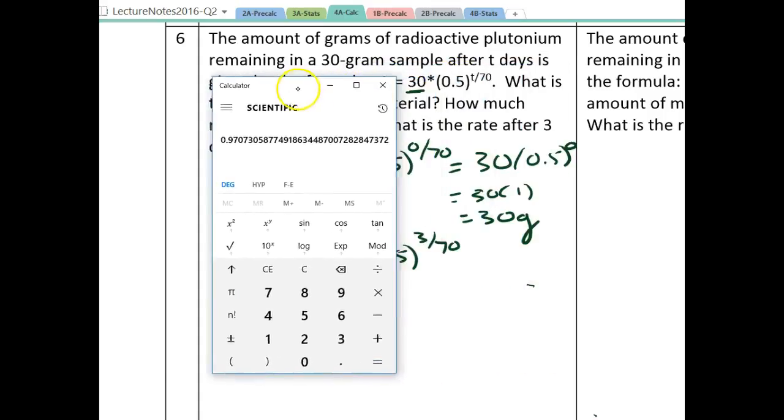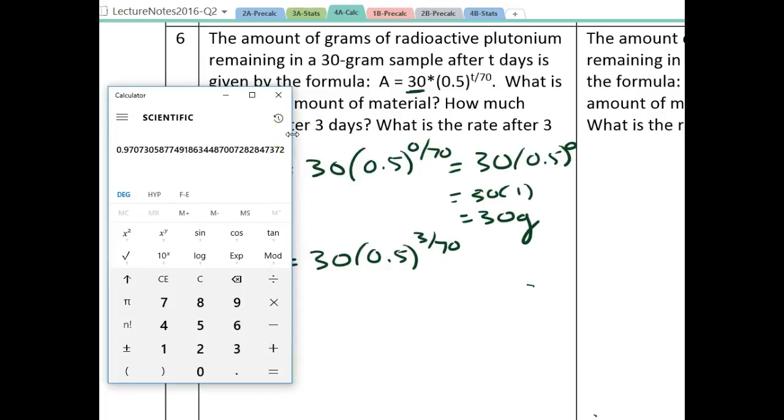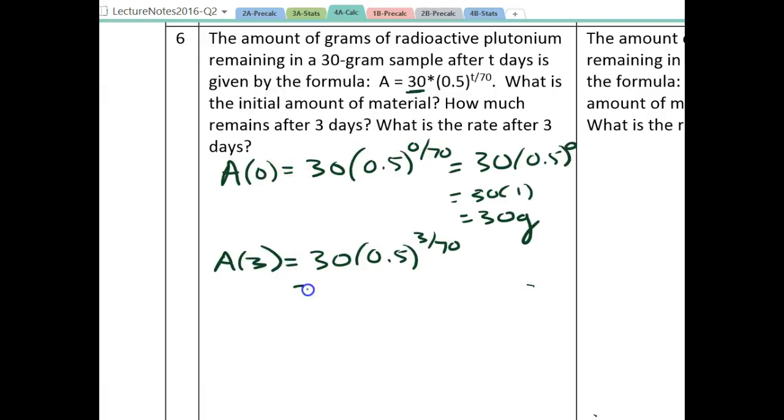So 0.9707 is the 0.5 to the 3 over 70, so I multiply that by 30, and I've got 29.12 grams. These are in units of grams.